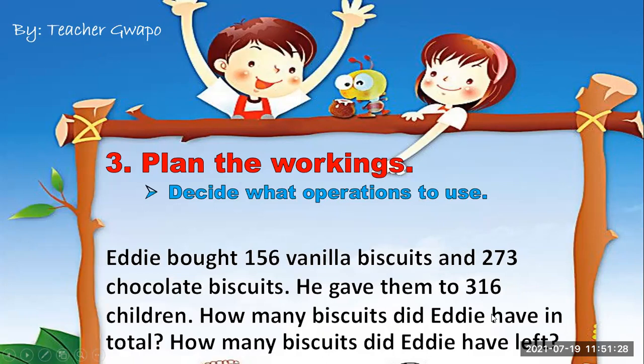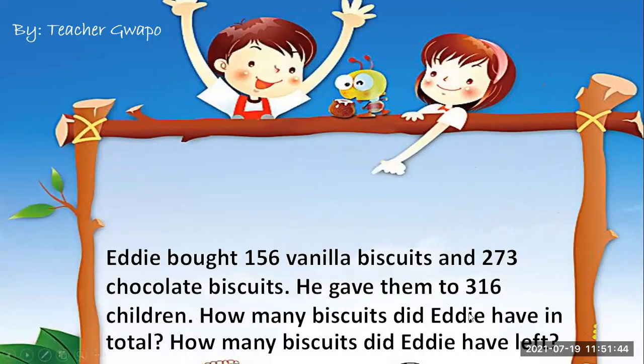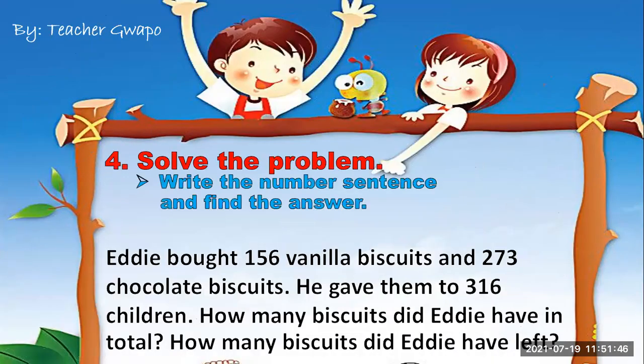That means plus and minus. You can see the word total here, T-O-T-A-L, total. We will use a plus sign. And you can see here the word left, we will use the minus sign. So here we go. In step number 4, let us write the number sentence and find the answer.